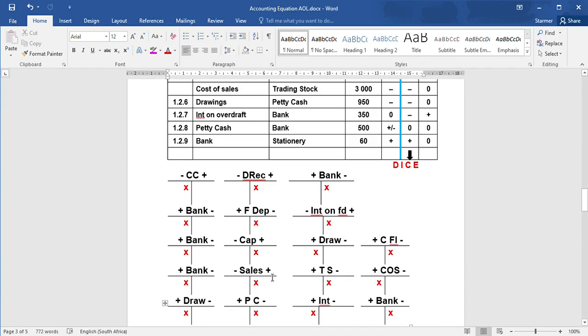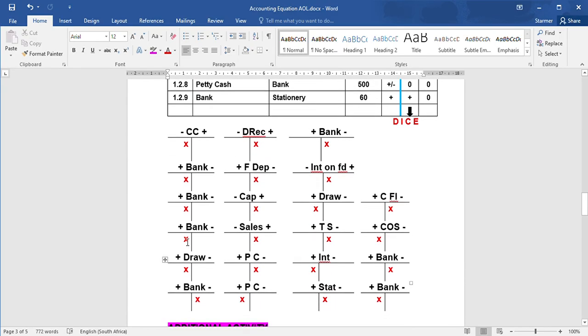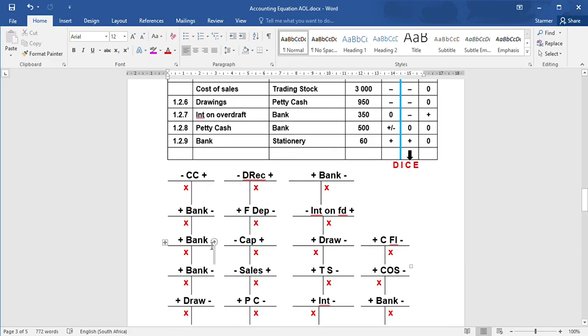So if you have a look here then, you're going to debit the drawings, that's where the X is on the debit side, and you're going to credit petty cash. Petty cash is the asset going down, drawings is opposite to capital, it decreases the worth of the business.